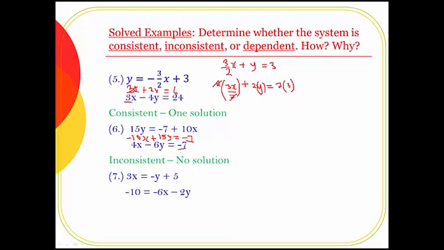This is still negative 7, negative 7. So you don't even have to waste time looking for the relationship. If you see that both of them gave the same result, even though the left hand sides are different, just know that they are inconsistent.